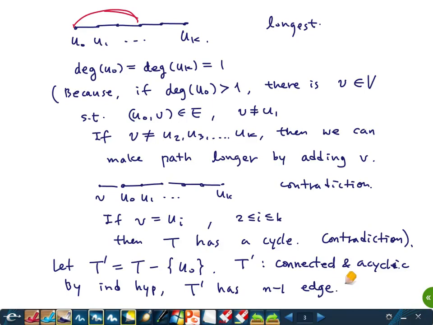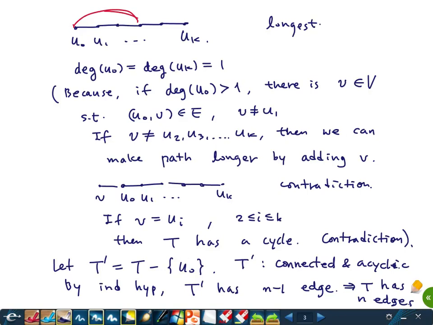But what is T? T has one more edge than T prime, because we deleted one edge and one vertex. And T has n edges, which is 1 less than the number of vertices of T. So statement 3 is still true for T. So by induction, it is true for all integers n.